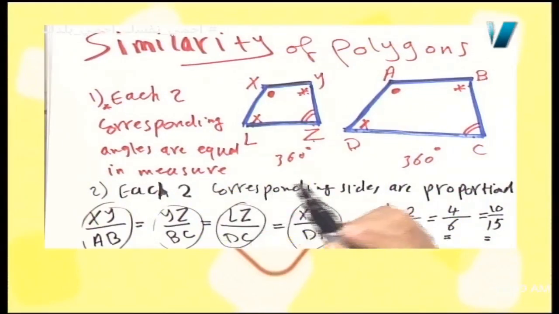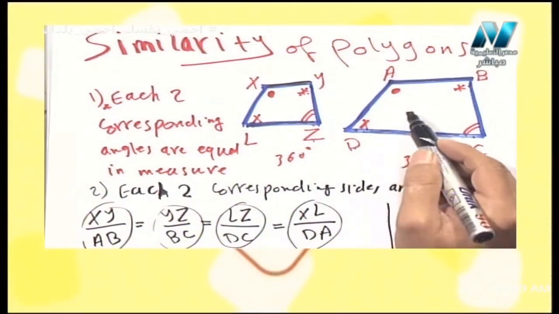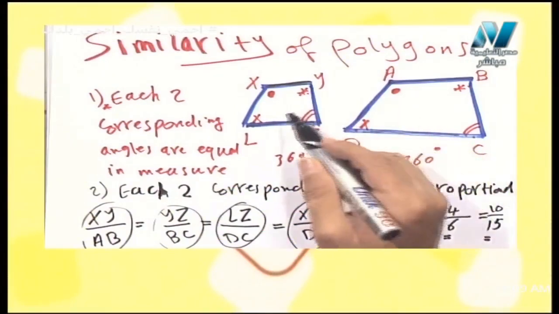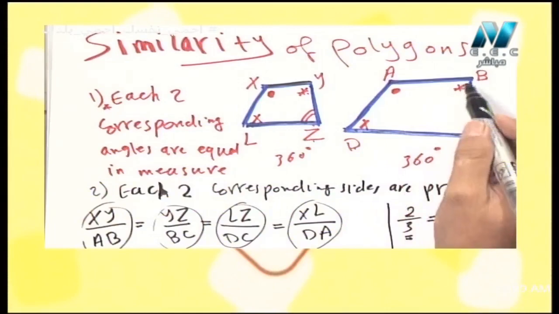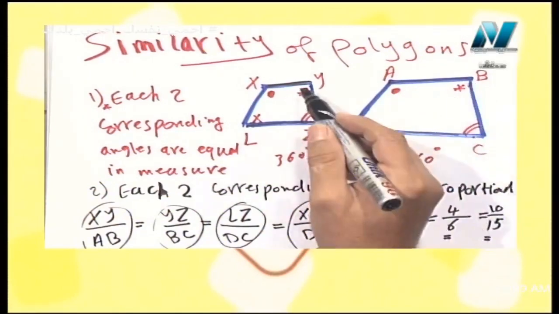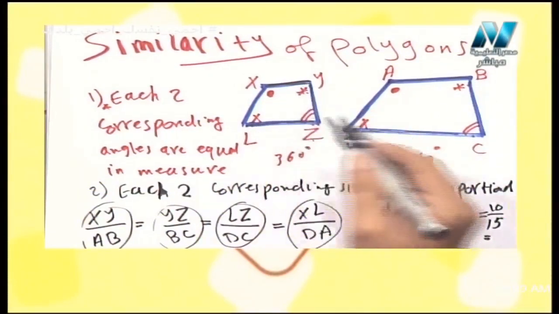So for two shapes or two polygons, of course, of the same number of sides, here we have 1, 2, 3, 4 sides, and there 1, 2, 3, 4, or two quads.